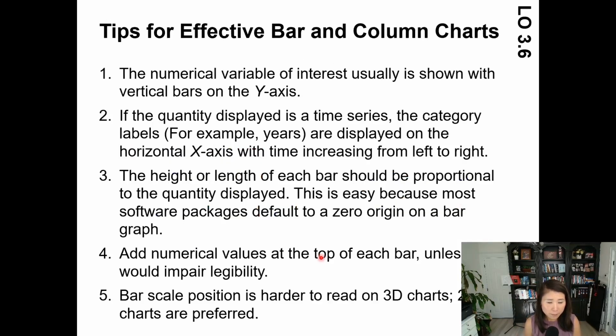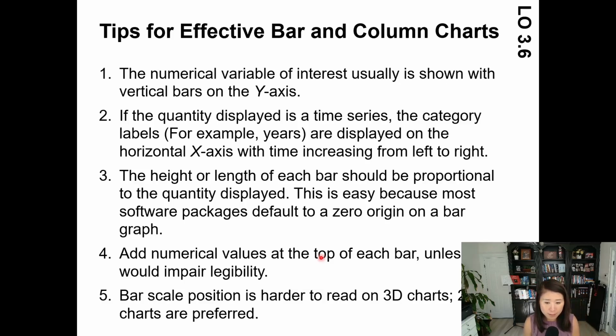Now some tips for an effective bar chart. The numerical variable of interest is usually shown on the vertical axis. If the quantity displayed is a time series, the categorical labels, for example years, are displayed on the horizontal axis with time increasing from left to right. The height or length of each bar should be proportional to the quantity displayed, the frequency.